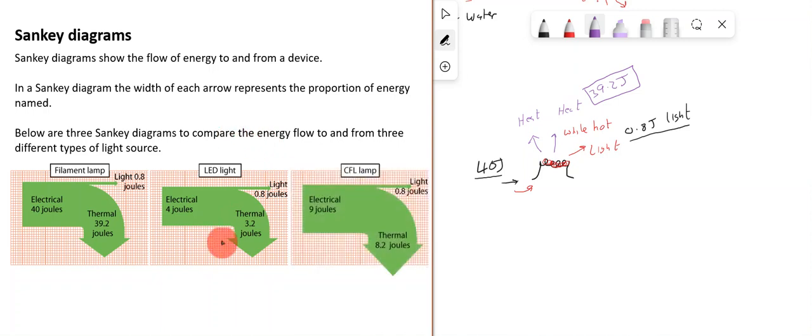And then if we take the CFL lamp, it takes in 9 joules of electrical energy, and 0.8 joules is being turned into light energy, and the rest of it is being lost as heat energy. So these are Sankey diagrams, and these are the ways that you can look at them and use them.